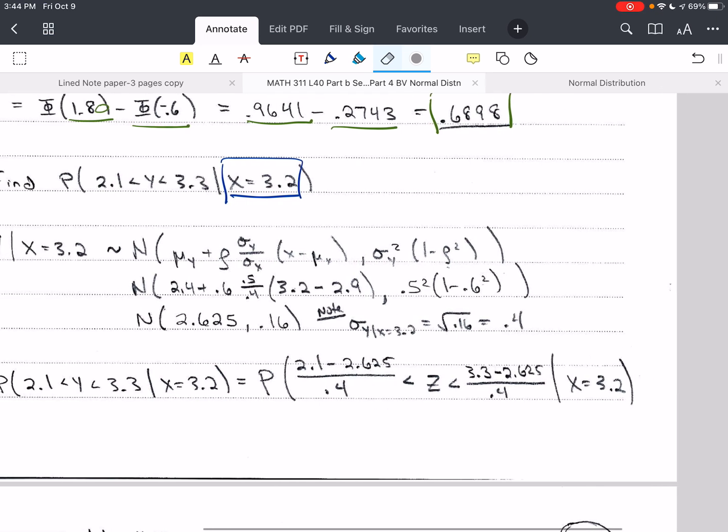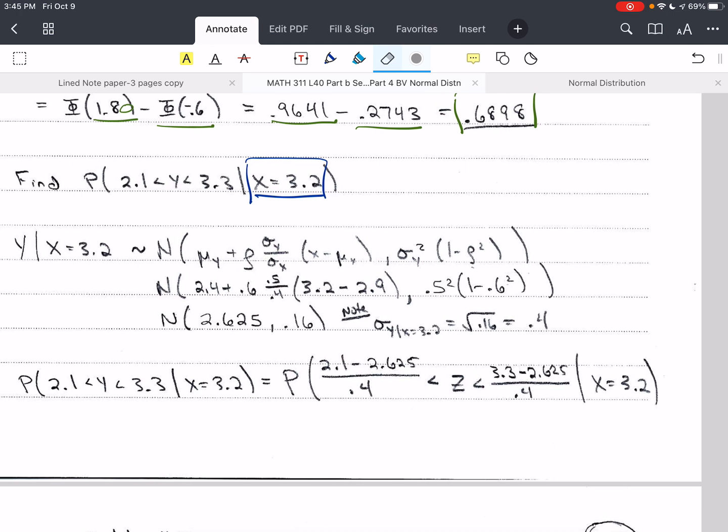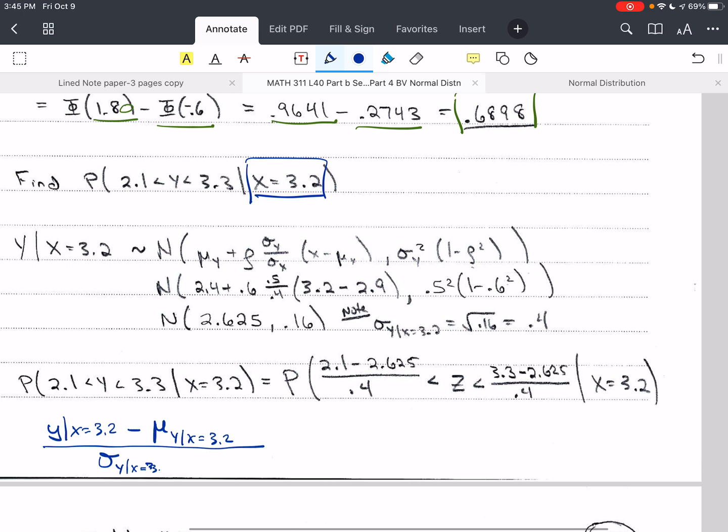And then we're going to do our z transformation. So we're taking y given x equals 3.2, minus mu of y given x equals 3.2, divided by sigma of y given x equals 3.2.